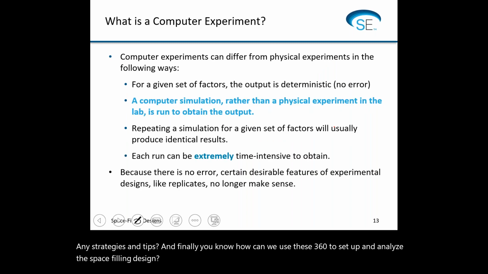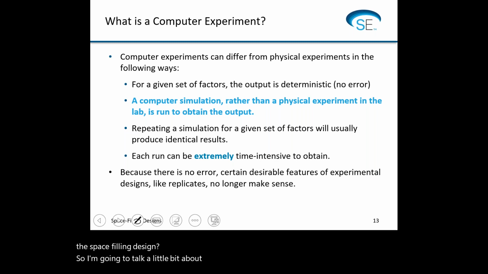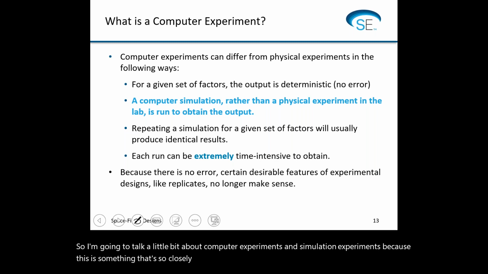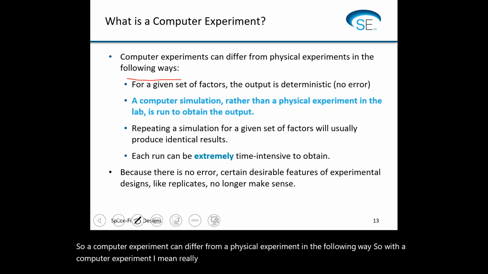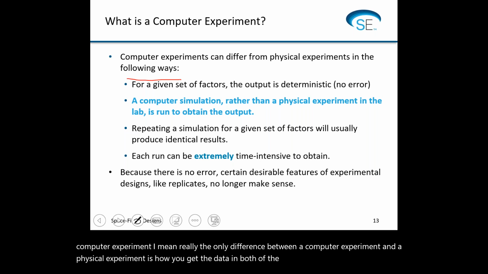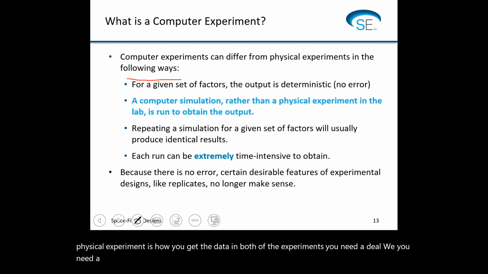So I'm going to talk a little bit about computer experiments and simulation experiments, because this is something that's so closely associated with space filling designs, and we'll see why. A computer experiment can differ from a physical experiment in the following ways. Really the only difference is how you get the data. In both experiments, you need a DOE, you need a design, and in both you need to eventually have some data that you type in that you later analyze.